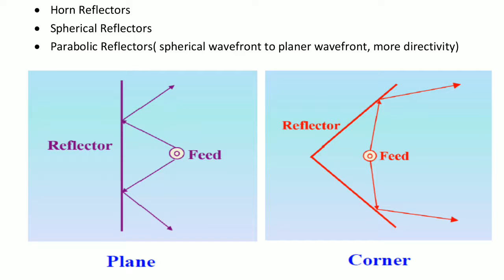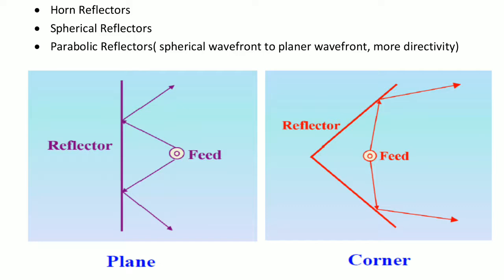The most preferred value of the included angle alpha is 90 degrees. The angle between these two reflectors, as we can see from this corner reflector diagram, is the included angle. So the most preferred value is 90 degrees.